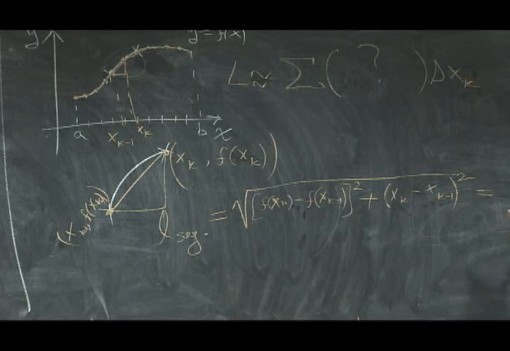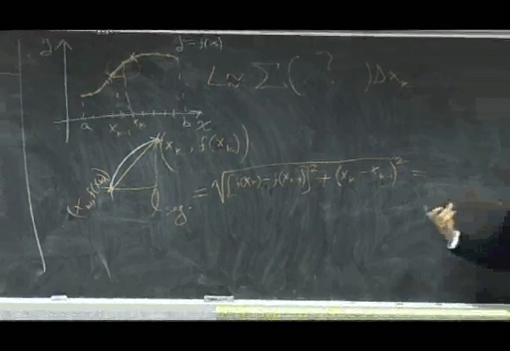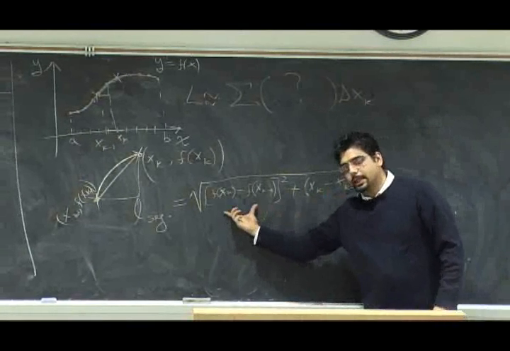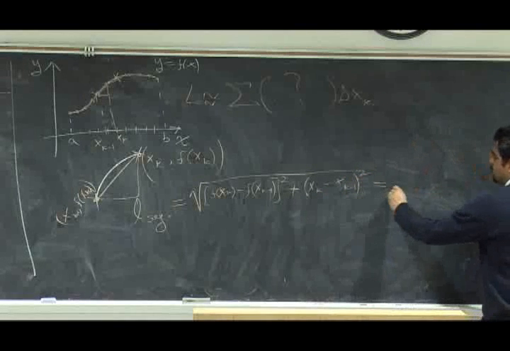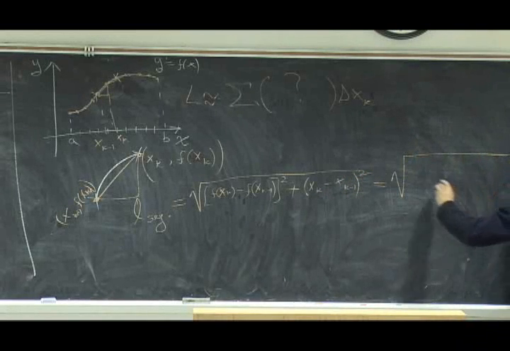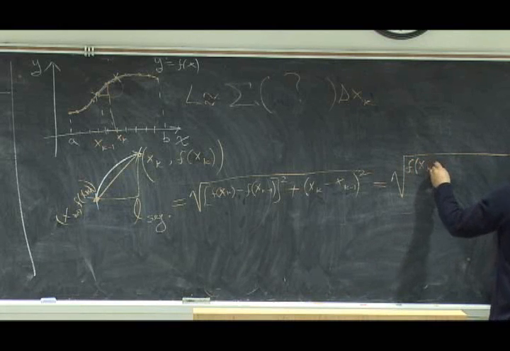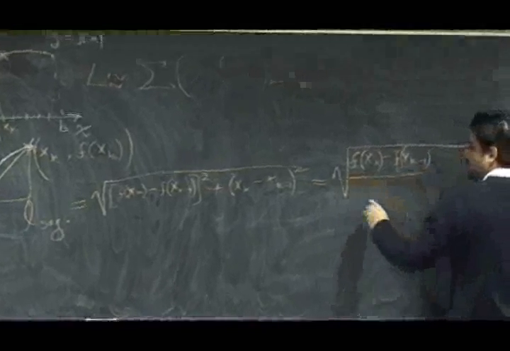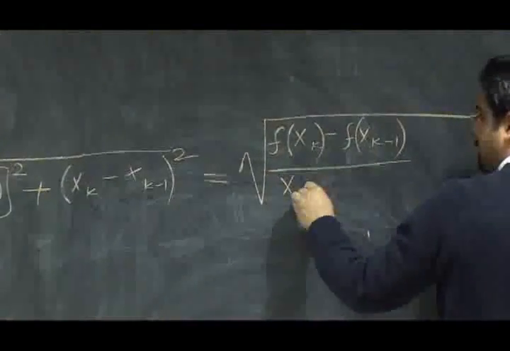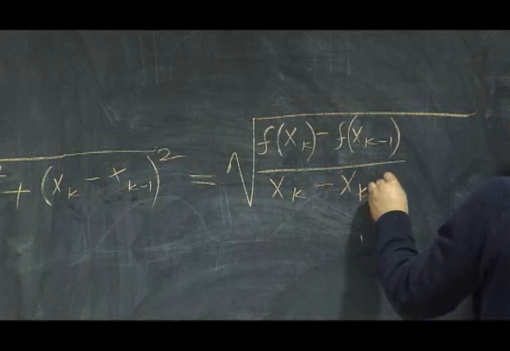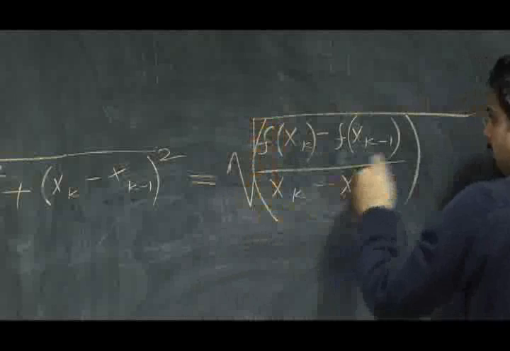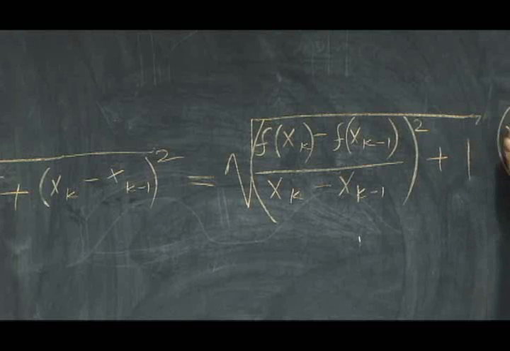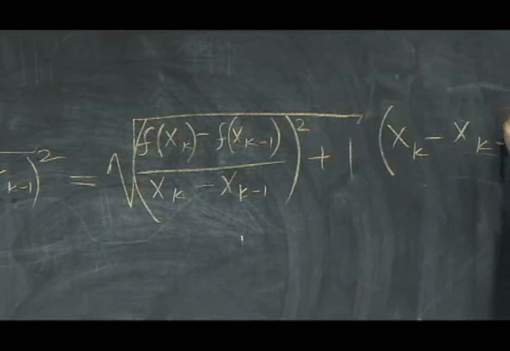Well, this is delta x k, isn't it? So I would have to bring this out of the square root, which means I'd have to factor this out, and then everything else is divided by it. So what I would get is the square root of f of x sub k minus f of x sub k minus 1, over x sub k minus x sub k minus 1, and this whole thing squared, plus 1, times, outside of the radical, x sub k minus x sub k minus 1.